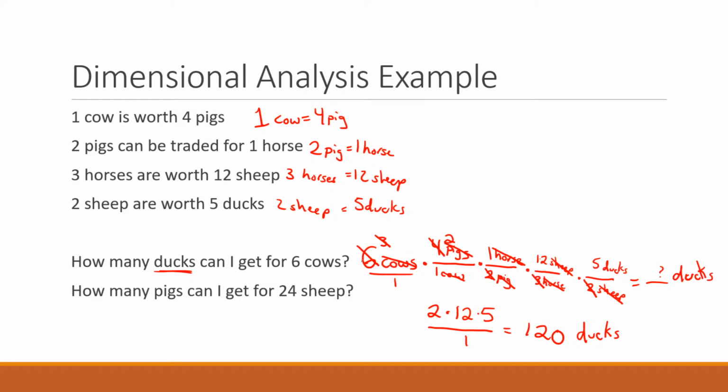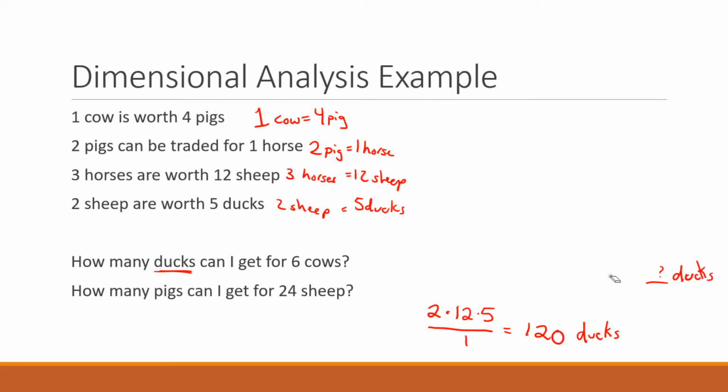Right? If I was trying to convert this every time, if I was doing this a different way and I wanted to just start from the beginning and solve it the way I would normally solve a problem like this, I would start by saying, well, I've got 6 cows.